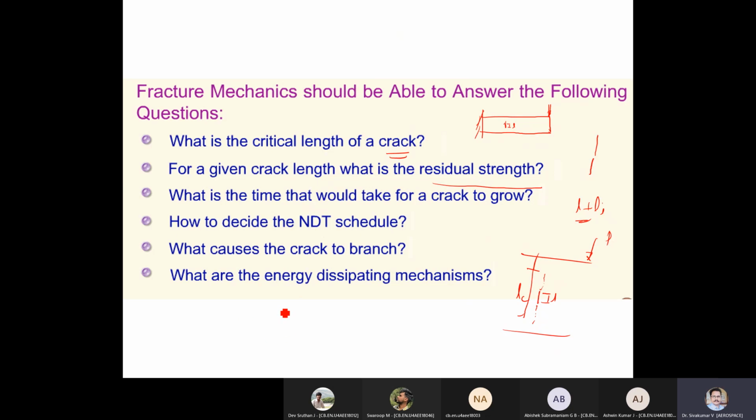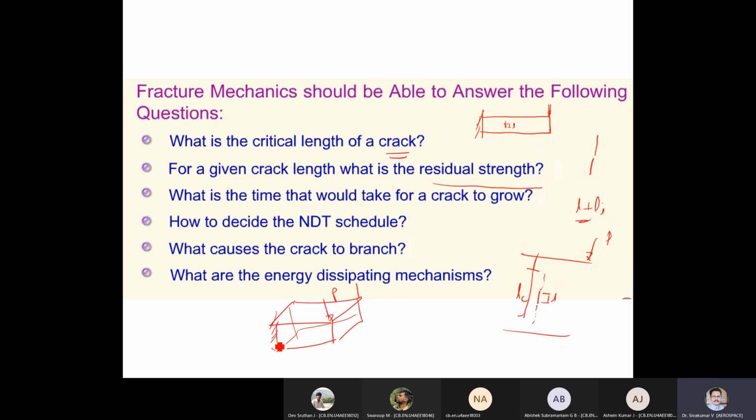And again, for a given crack length, what is the residual strength? Suppose I have a component, and this is the load without crack.